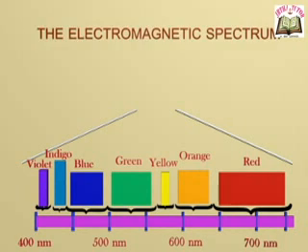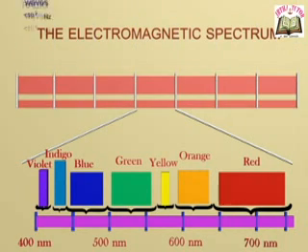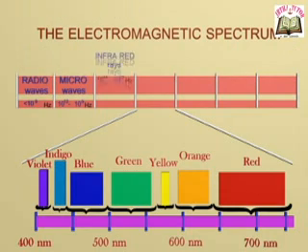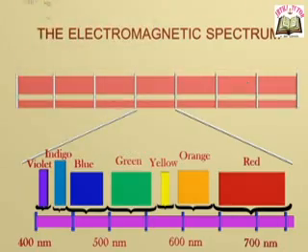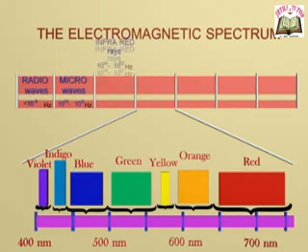Electromagnetic radiations are of different types: radio waves, microwaves, infrared rays, ultraviolet, visible rays, X-rays and gamma rays. These waves, arranged in the increasing or decreasing order of their wavelengths or frequency, are called the electromagnetic spectrum.